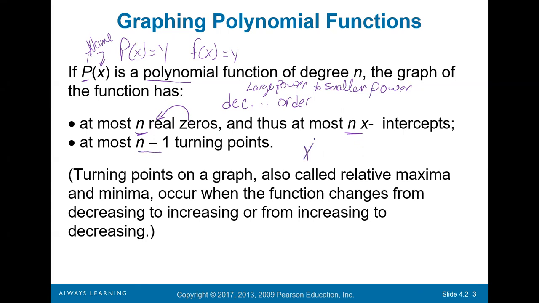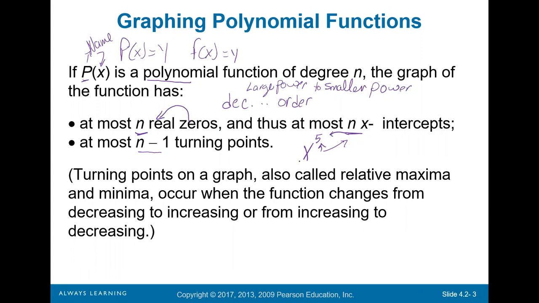So if my leading degree is 5, we should have at most 5 real zeros, and at most 5 x-intercepts. We won't have 7. We won't have more than the power. We may have less, but not more.